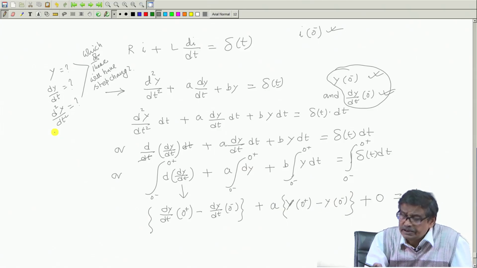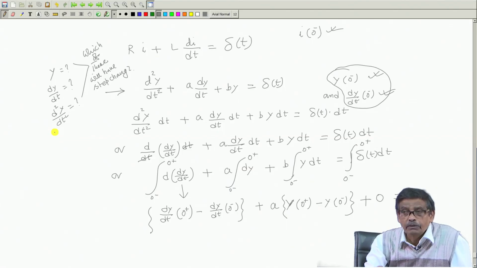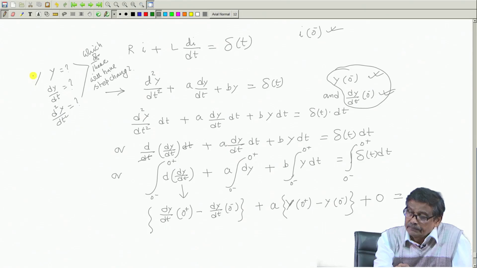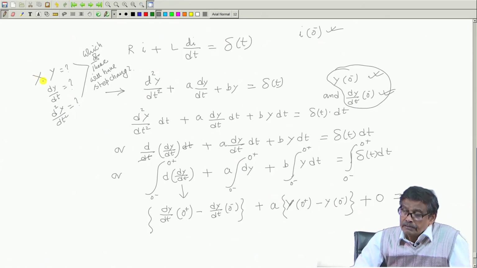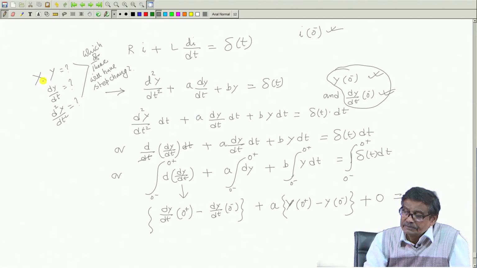Can y have a step change 0 minus to 0 plus? If it step changes, then dy dt will be an impulse, and d2y dt2 will be derivative of that impulse, but there is no delta dot t terms. So, y t cannot. Can dy dt have a step change? Answer is yes.